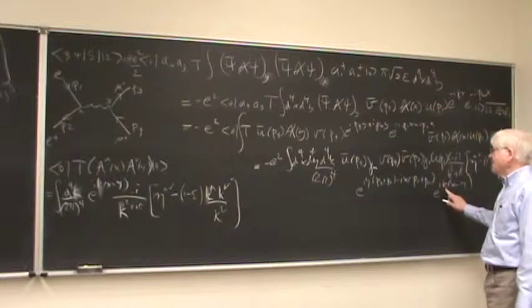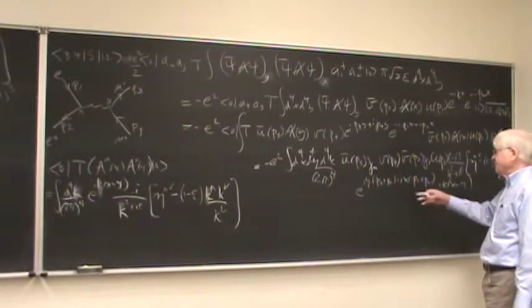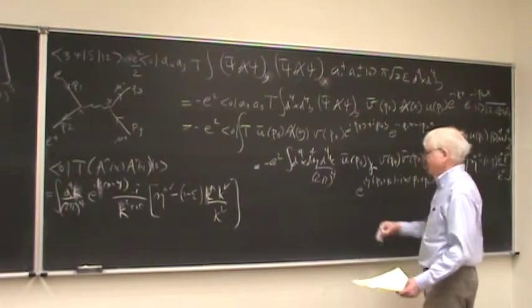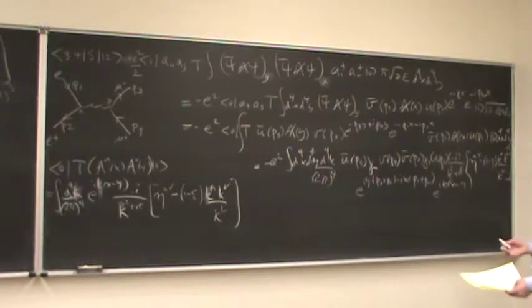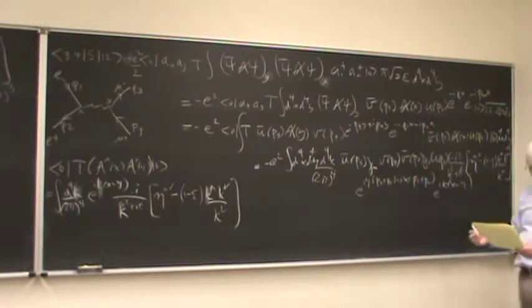Then we do the k integration and it's gone, and the 2 pi to the 4th goes. Then we have the y integration, and that gives us 2 pi to the 4th and an overall delta function of momentum.